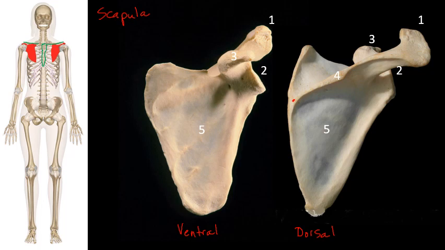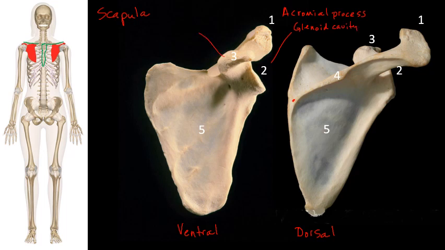Okay, so let's work from number 1. This is the acromion process. Number 2, we call that the glenoid cavity, fossa.